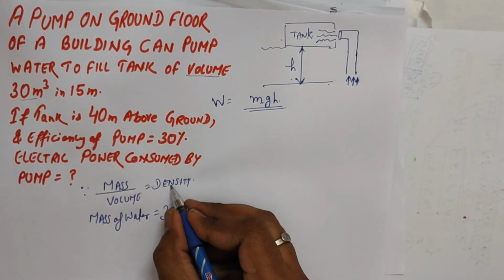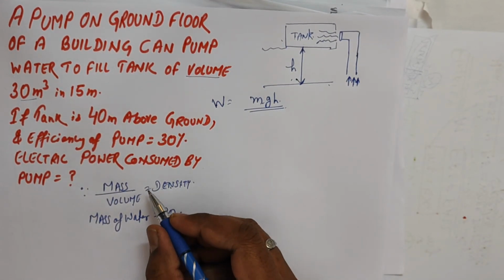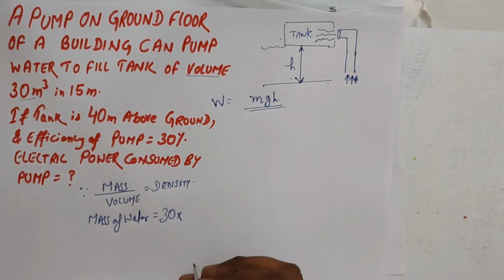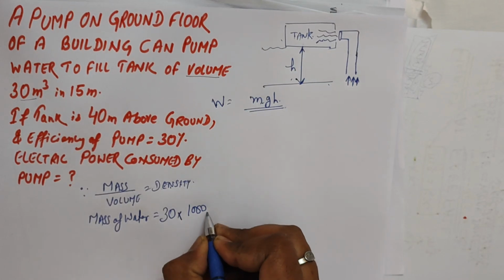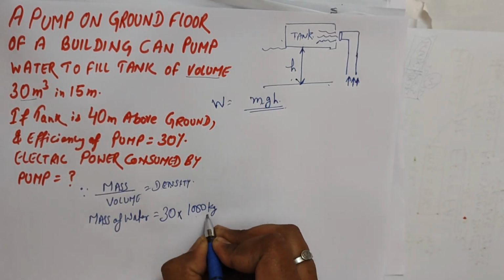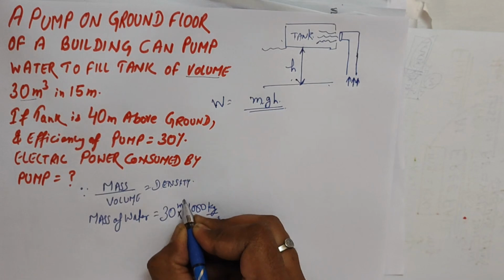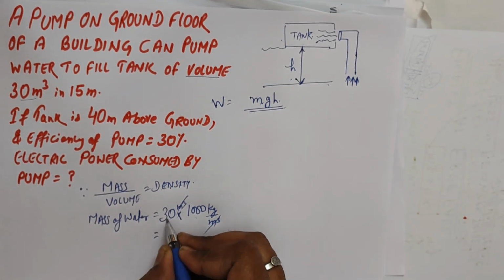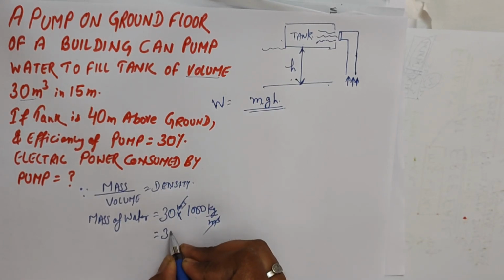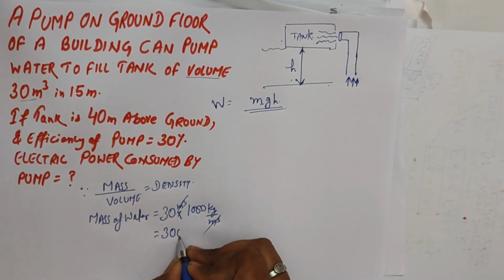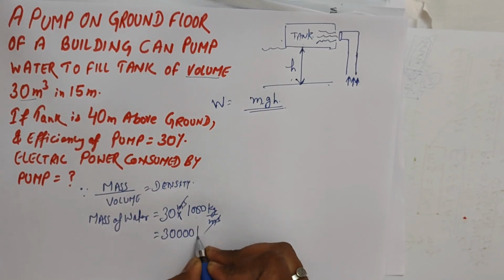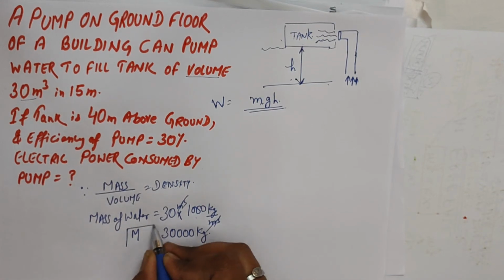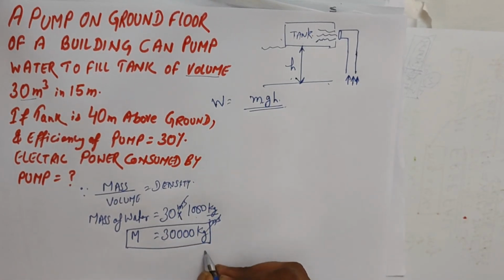This will be multiplied with the density, and density of water is 1000 kg per meter cube, it's known. This meter cube and meter cube of volume will be cancelled out. So the mass of water will be 30,000 kg.